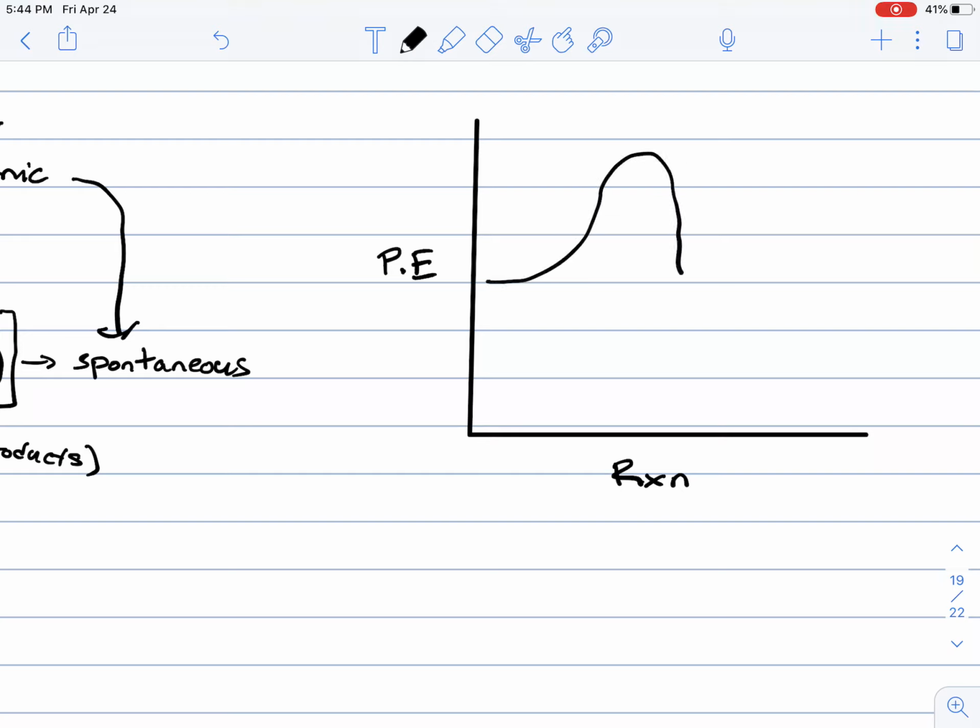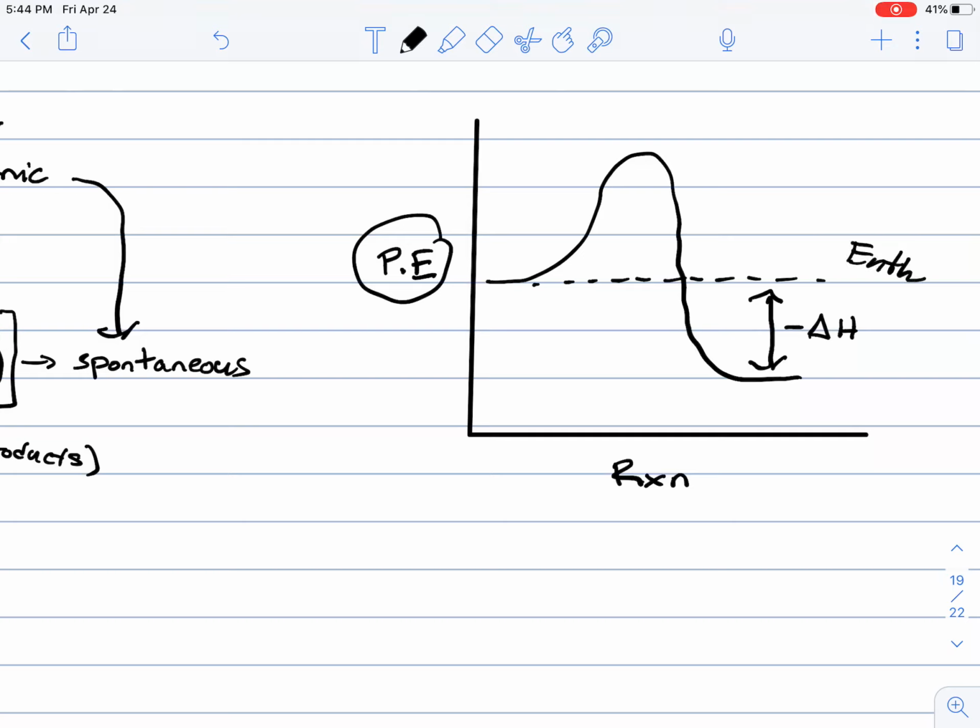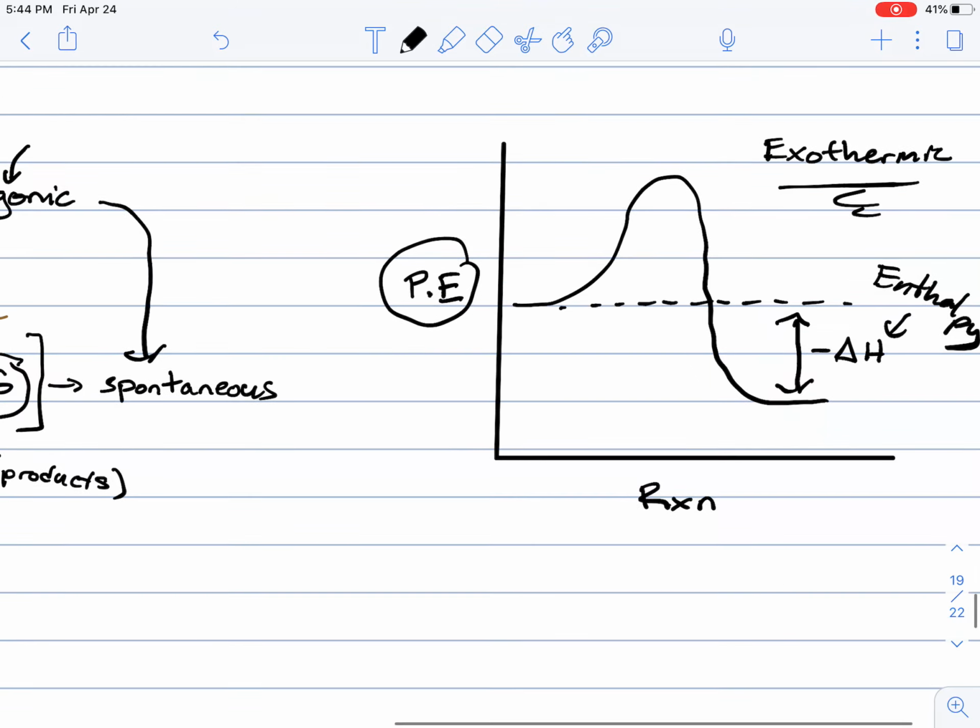When you have a graph that looks like this, since it's with respect to potential energy, this is delta H, okay, and it's enthalpy. And so for enthalpy, this is going to be exothermic. So please be very careful with these two concepts.